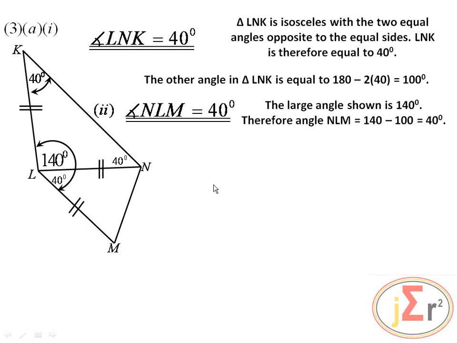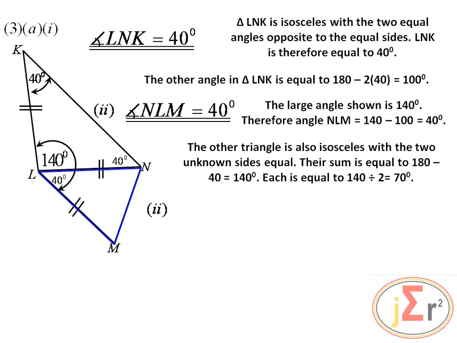And what do we know? The other triangle is also isosceles with the two unknown angles equal. So we have 40 degrees right here. And of course, these are the two equal angles. This one at M and this one right here are the two equal angles.